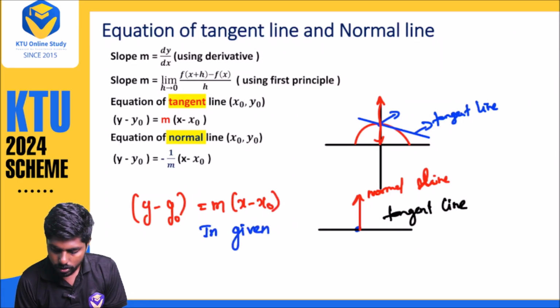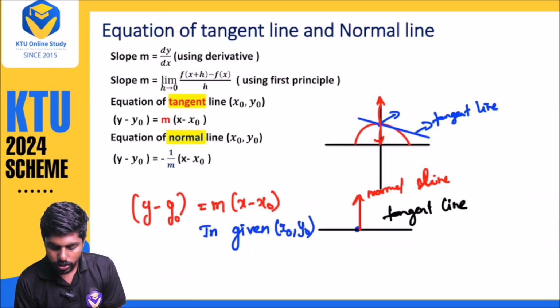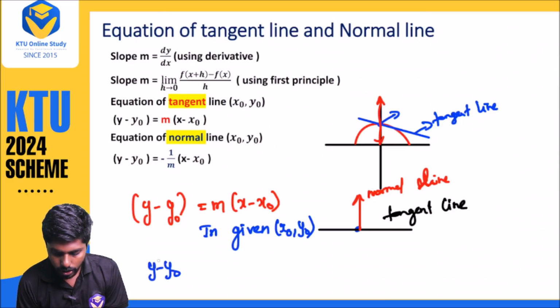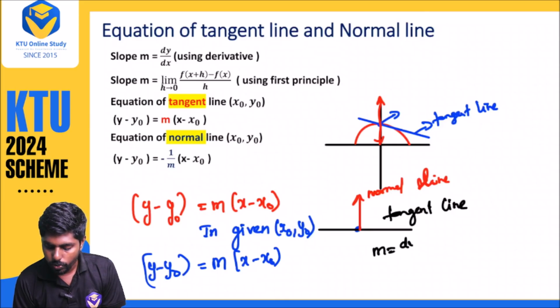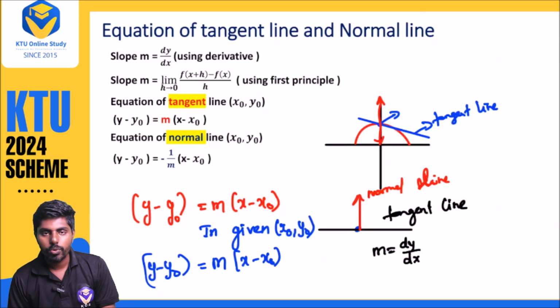In the question they will give x naught comma y naught, and you substitute the values in this formula: y minus y naught is equal to m into (x minus x naught). Now you know the formula. What is m? m is equal to dy by dx, the slope of the curve. This is the equation of the tangent line.